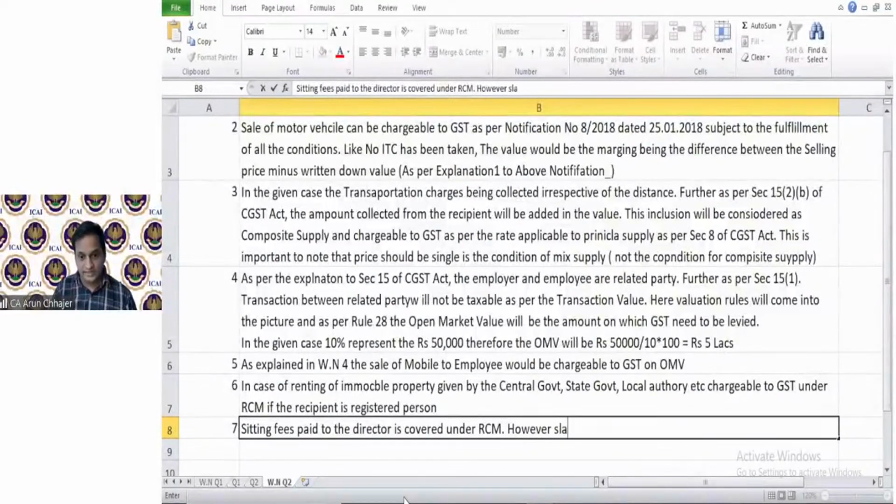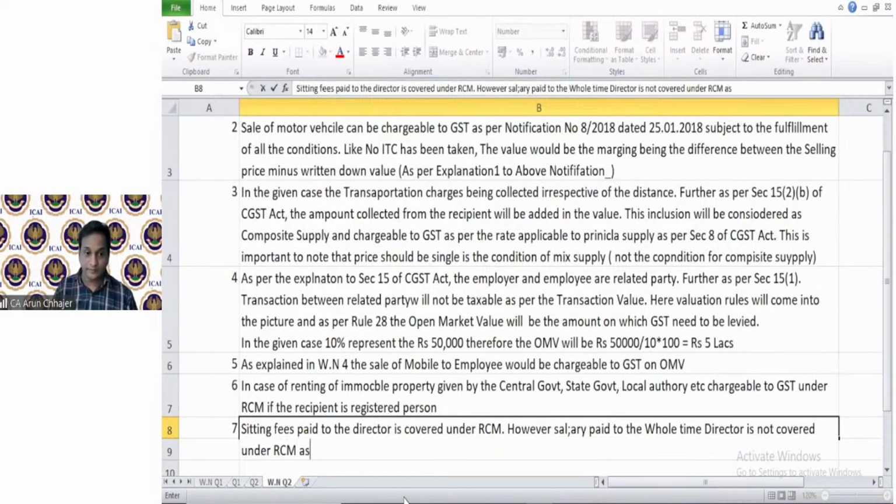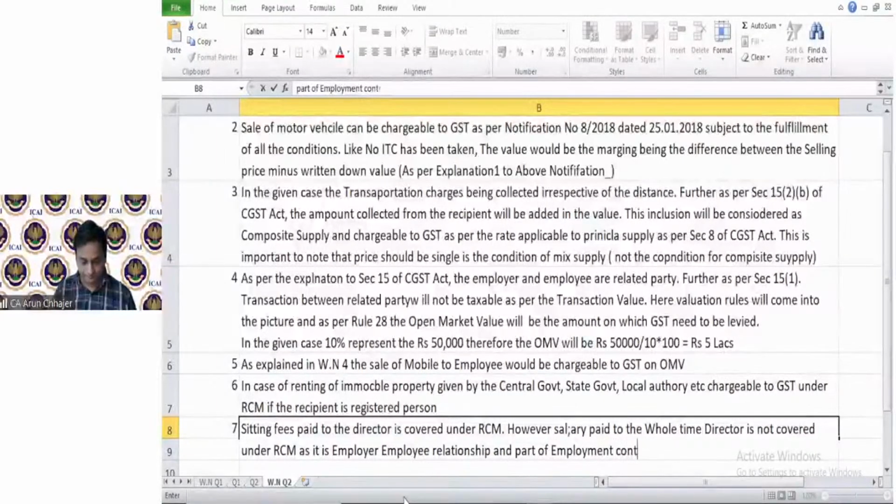However, salary paid to the full-time director is not covered under RCM as it is employer-employee relationship and part of employment contract, which is out of GST as per schedule 3.